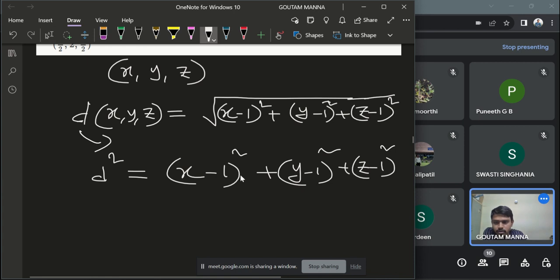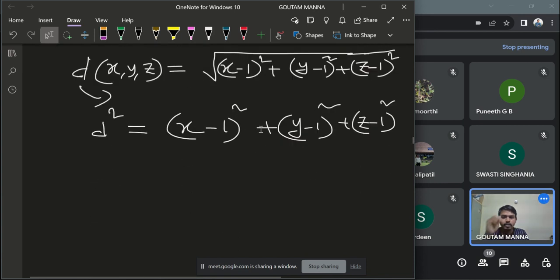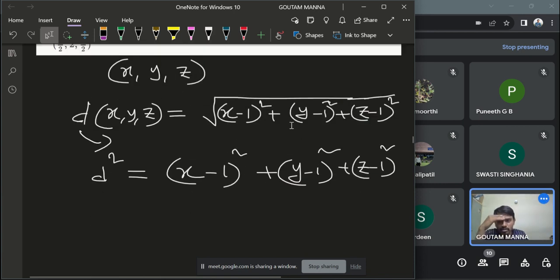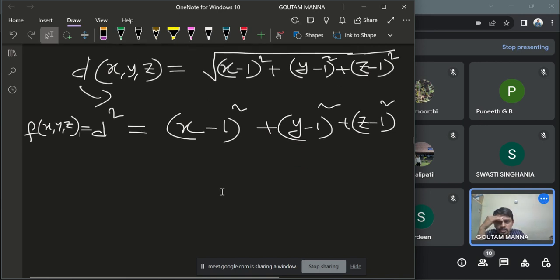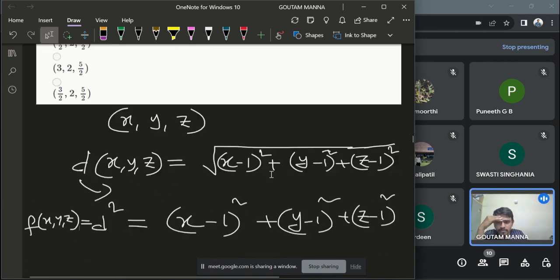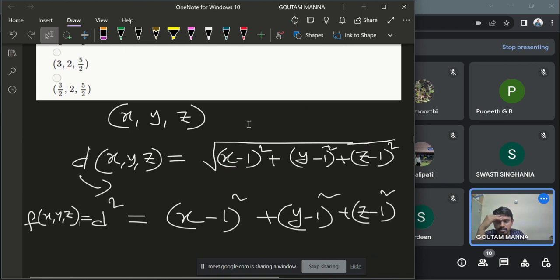It will be difficult to calculate del d del x and all these derivatives. So we will call f of x y z as d square, the square of this distance, and we will minimize that. Minimizing that is the same as minimizing the distance.